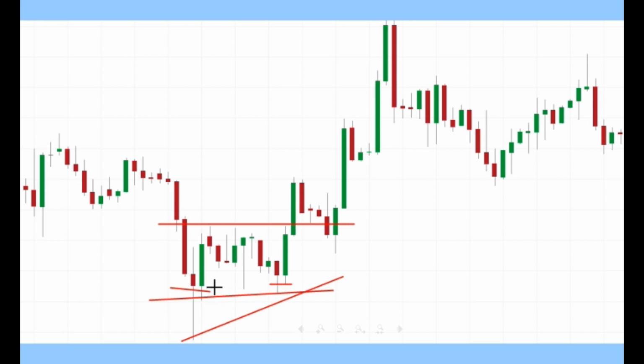This level here and here is a double bottom, but one where the second is clearly a higher low. It formed a higher low from our low here, then we got a higher low here. So it was very clear that the market has a high chance of going up.